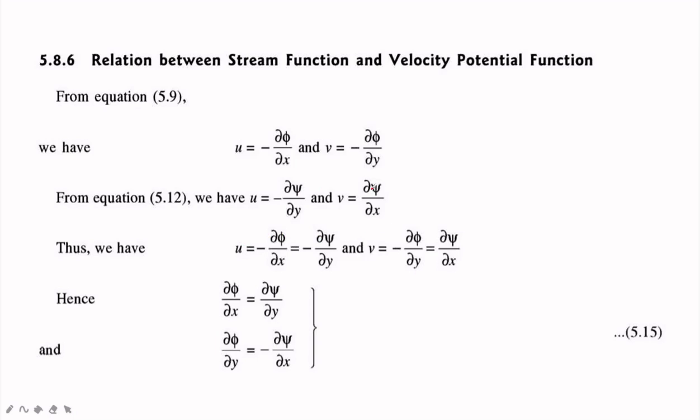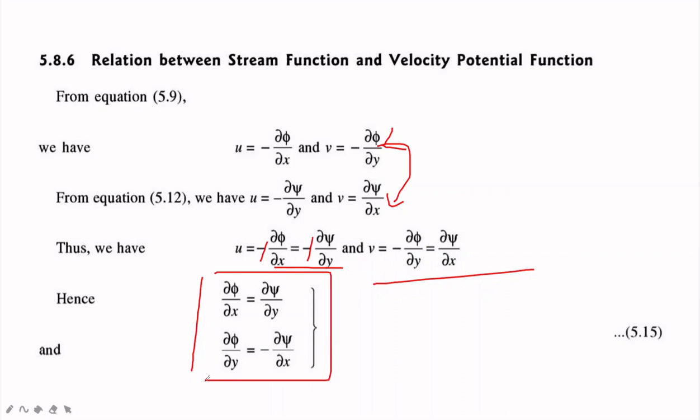This is also equal to v, this is also equal to v, then these both are equal to each other. Hence dou phi by dou x is equal to dou psi by dou y, this negative will cancel, and dou phi by dou y is equal to dou psi by dou x. So this is the relation between the stream function and velocity function, which you have to remember.